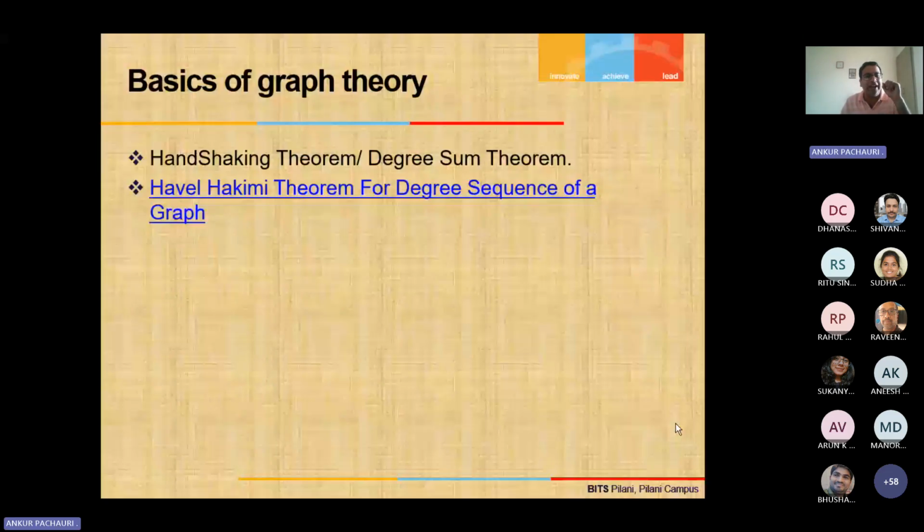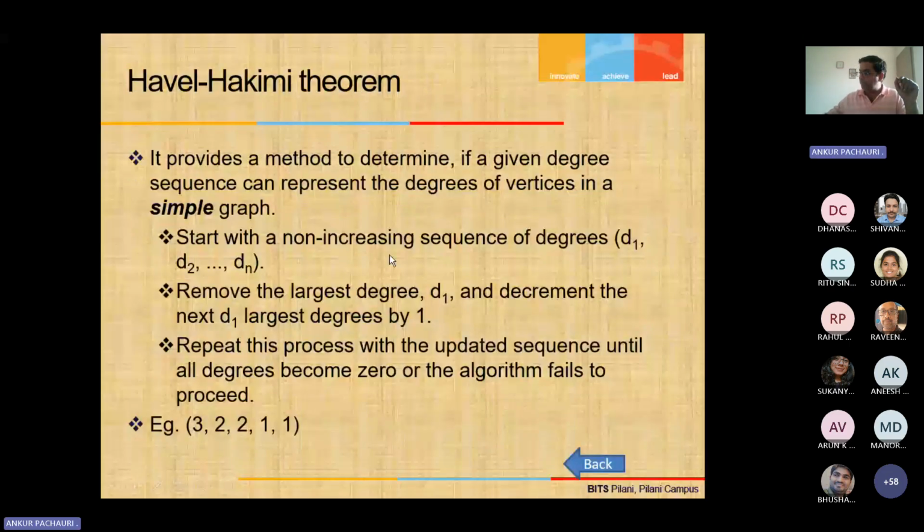There's the Havel-Hakimi theorem for degree sequences. Now, what does this theorem tell? You are given a degree sequence, the sequence of the degree of each node of a graph, and using this we can find out whether the sequence is for a valid graph or not.